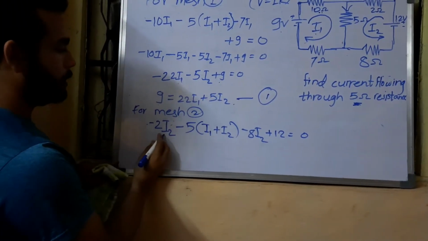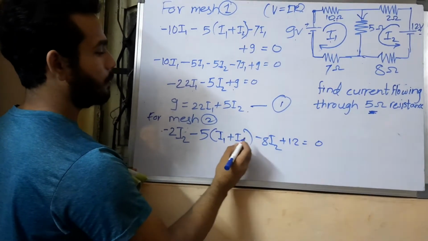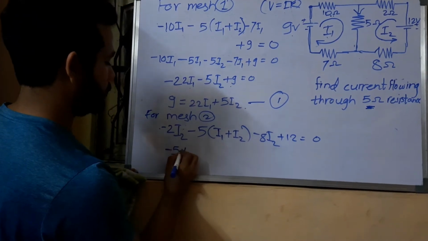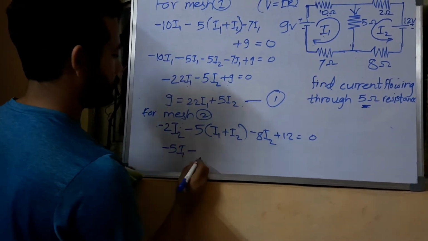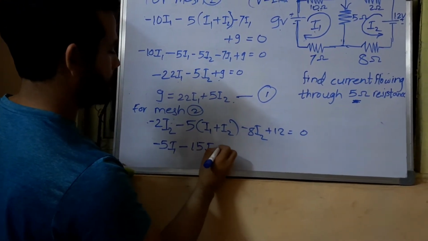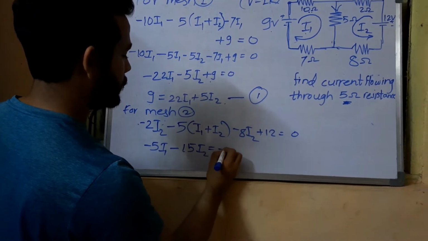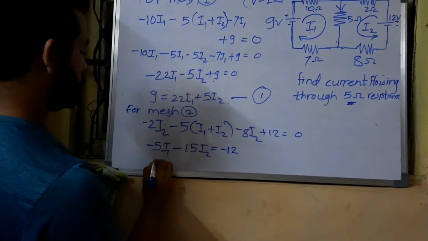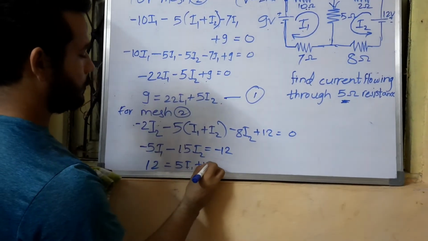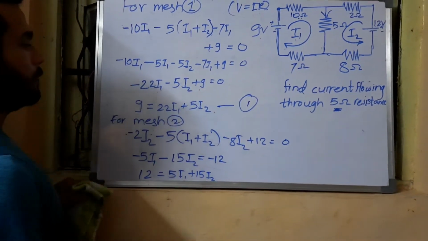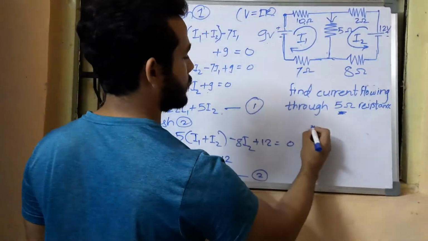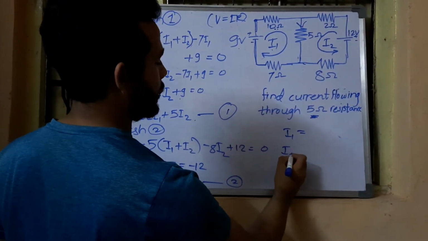So minus 2 I2 minus 5 I2 minus 8 I2 minus 5 I1 is minus 15 I2 minus 5 I1 is equal to minus 12. So 12 is equal to 5 I1 plus 15 I2. If we solve these two equations, we will get values of I1 and I2.